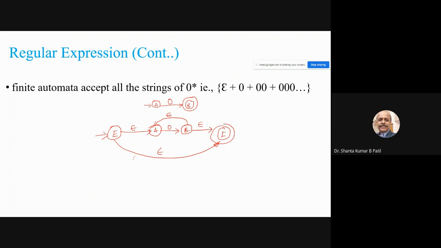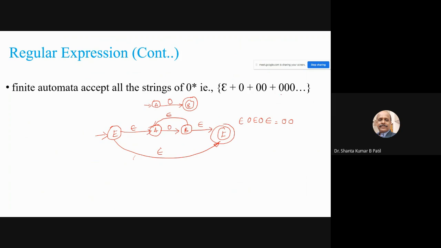Epsilon 0, epsilon, 0, and next epsilon, which takes you to the final state F. So 0 epsilon 0 epsilon is equal to double 0, like that.